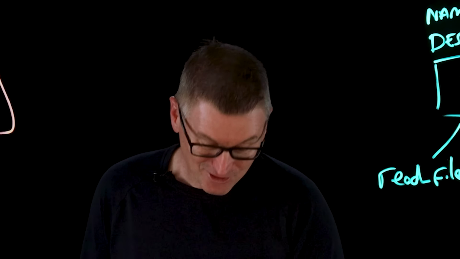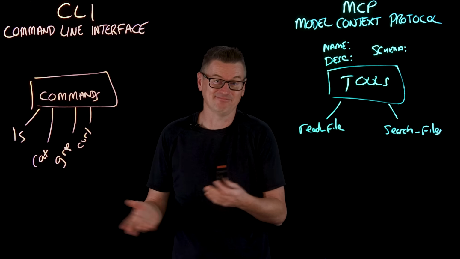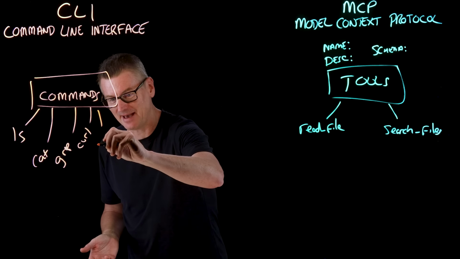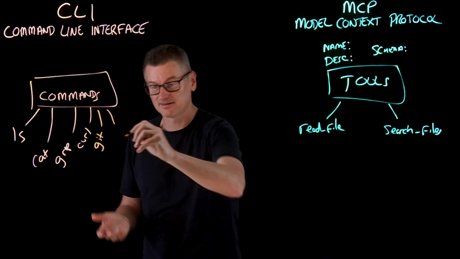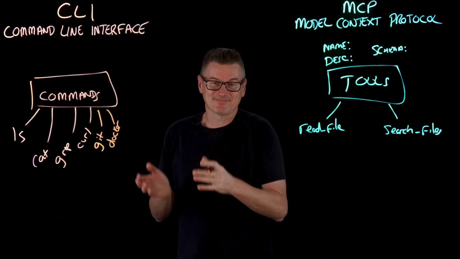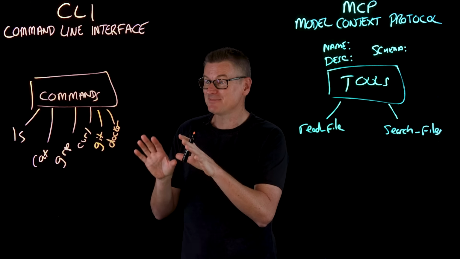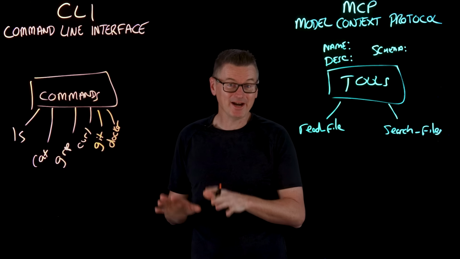So the model already knows how to use these commands and many more besides. We could just keep adding: Git, Docker, I could keep going. It doesn't need a schema to tell it what flags to pass. That knowledge is baked in from the training.